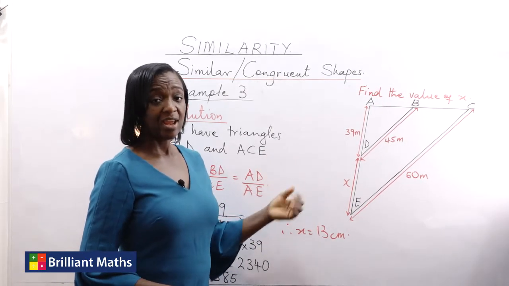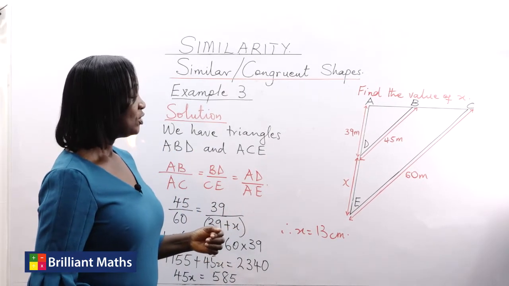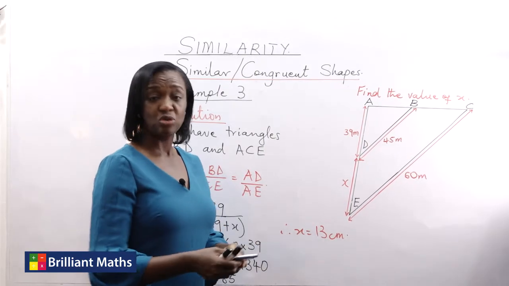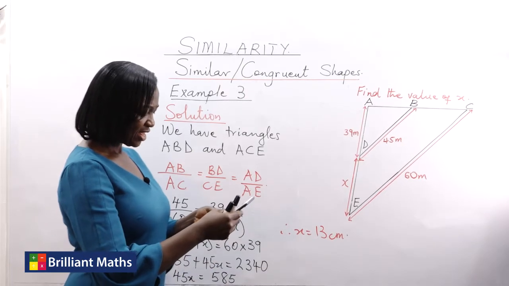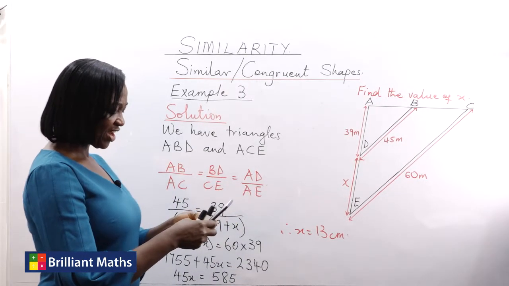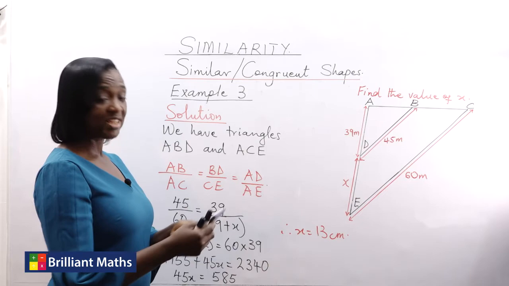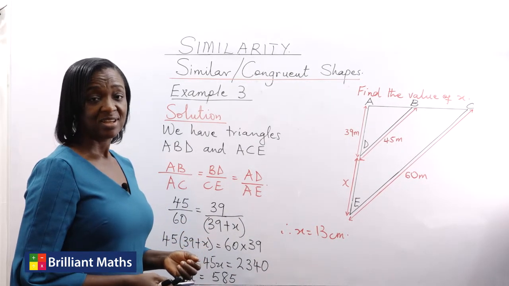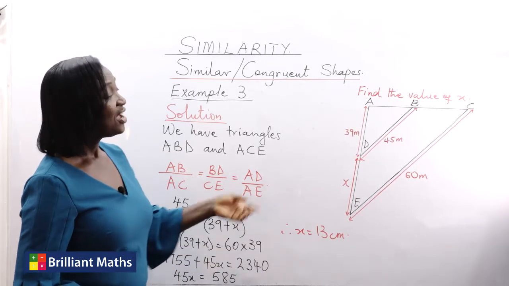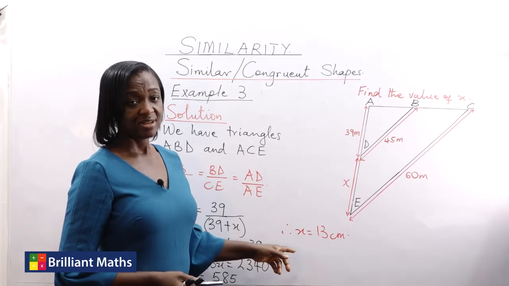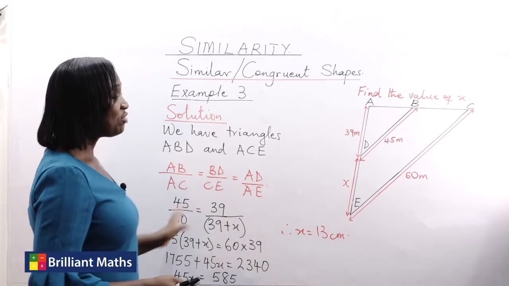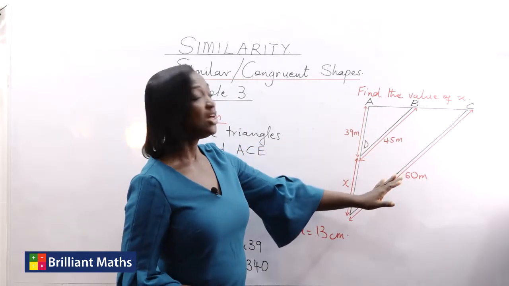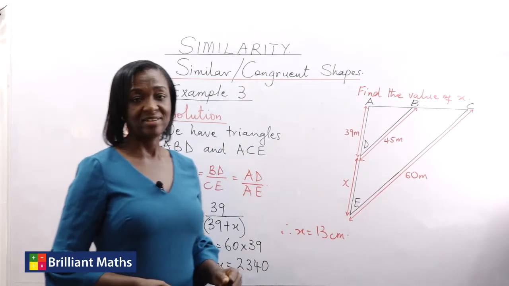So K, or the scale factor, should be equal to 3/4. So let's see if 39 over 52 would give us 3/4. 39 divided by 52. Try it out. What did you get? I have 3/4. So the answer is correct. Our scale factor is 3/4. The small triangle is 3/4 of the bigger one.